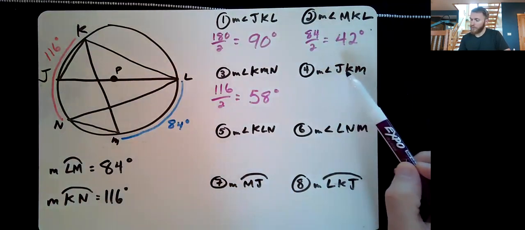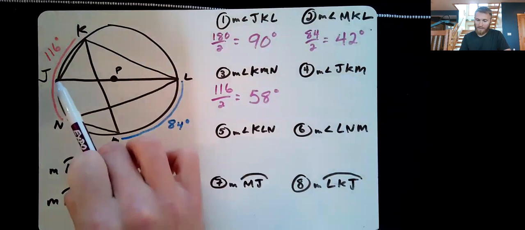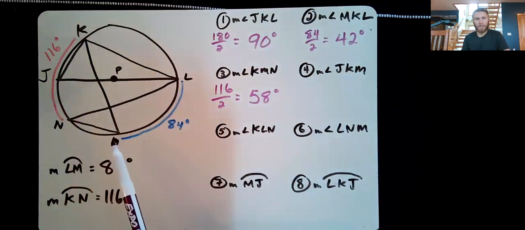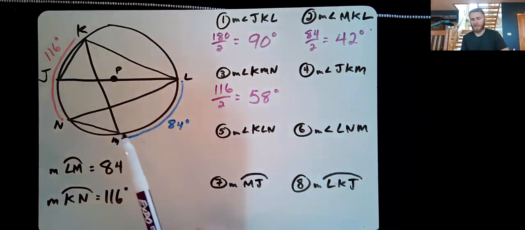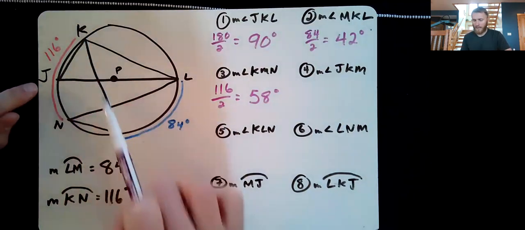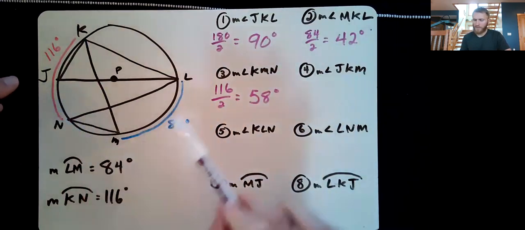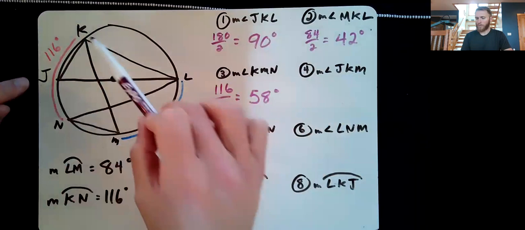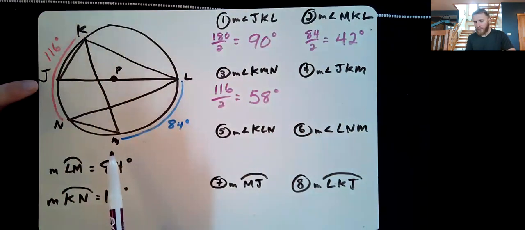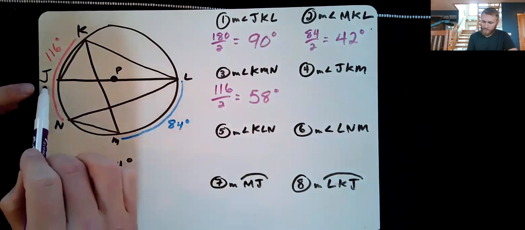The measure of angle JKM. So J to K to M. Now it gets a little trickier because it's not directly referring to either of the arcs that I was given. But if I look at JKM and realize that this bottom part was a full semicircle, I'm looking at just this arc that's being intercepted.